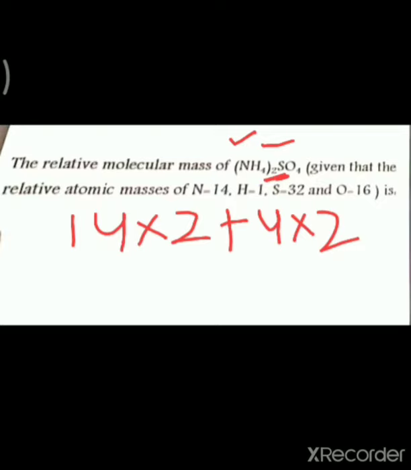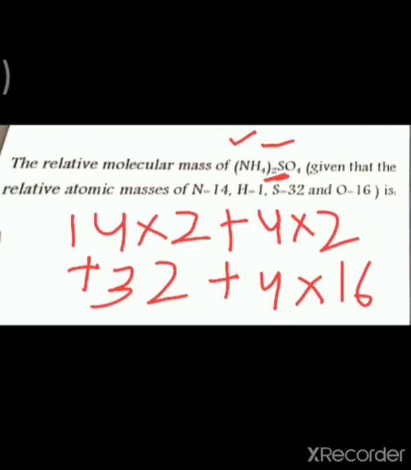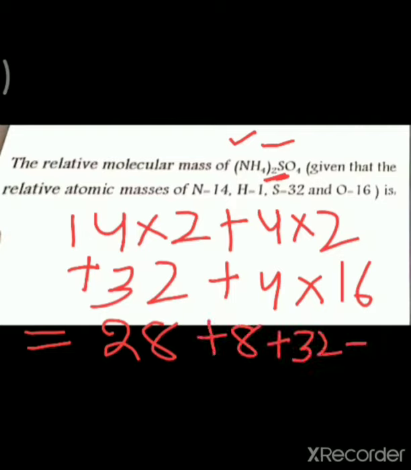Plus sulfur 1 is 32, plus oxygen 16, but here 4 is the subscript, so 4 into 16. So 14 into 2 is 28, plus 4 into 2 is 8, then 32 plus 64.